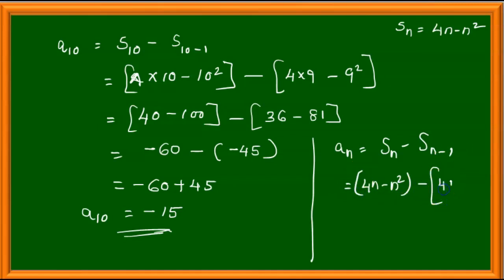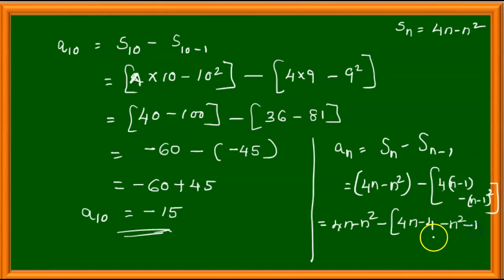So 4 into n minus 1, minus n minus 1 the whole square. Opening this bracket, we get 4n minus n square, minus of this becomes 4n minus 4, and minus of n minus 1 the whole square. Since a minus b the whole square, you should put minus n square minus 1 plus 2n.